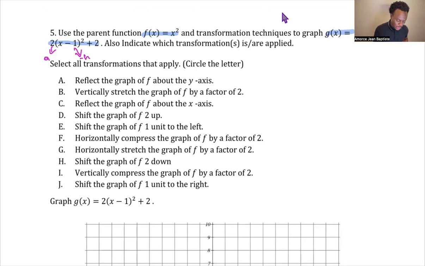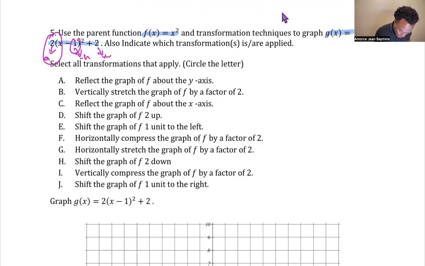And that is k, which is the vertical shift, or shift up 2, shift right 1, and then vertical stretch of a factor 2.